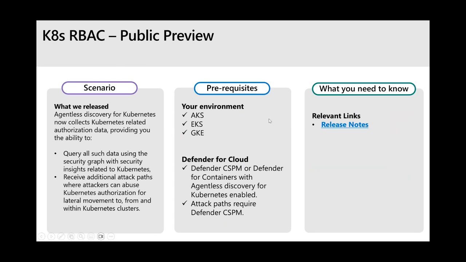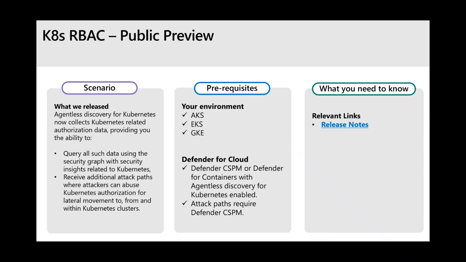So you'll see here that this is available across multi-cloud, and you can get access to these capabilities with Defender CSPM or Defender for Containers. And with either plan, you get access to the Cloud Security Explorer, but to specifically see the attack paths, this would require the Defender CSPM capability.